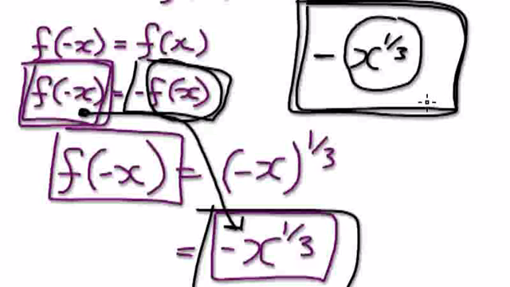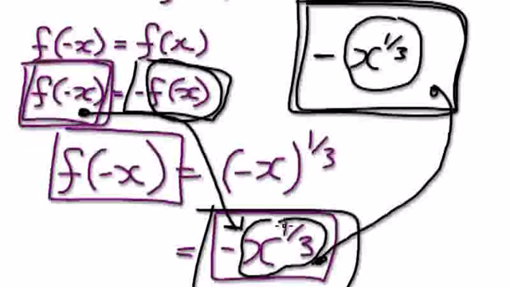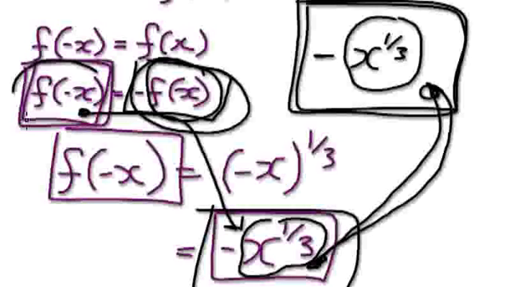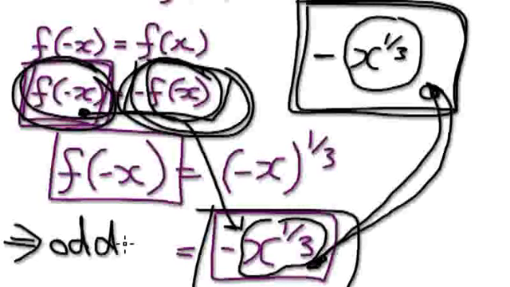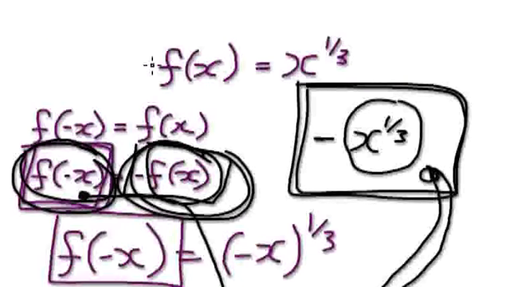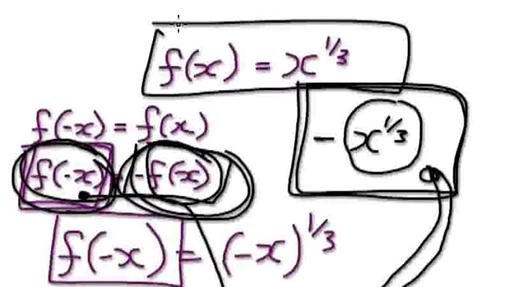This thing here is exactly the same as this thing here. That's just like me drawing a bubble around here. Meaning that this here is the same as this. Because this is the same as this, then we know that it must be an odd function. Okay, so yes, this function here is an odd function.